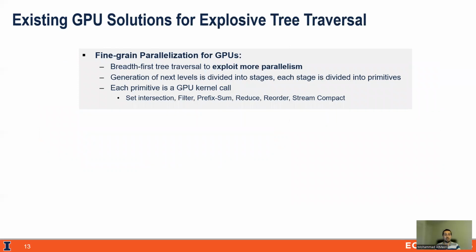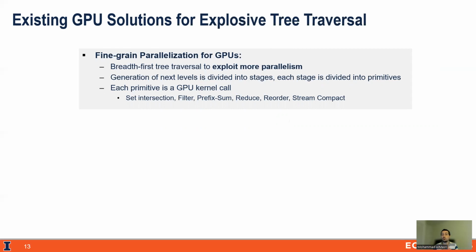Fine-grained parallelization strategies on the GPU are all offered to deal with the explosive tree traversal on the GPUs. Usually they use BFS to exploit more parallelism, as I mentioned before. Once they want to generate the next level in the BFS approach, usually it's divided into stages, and each stage is divided into GPU primitives, and each primitive translates into a kernel call.